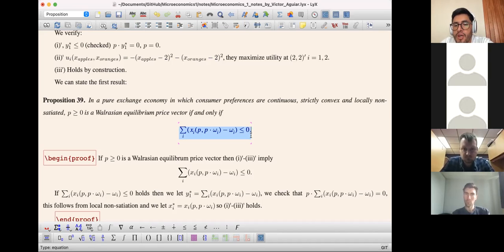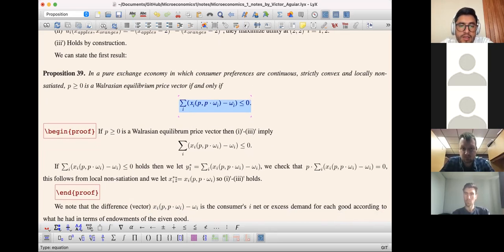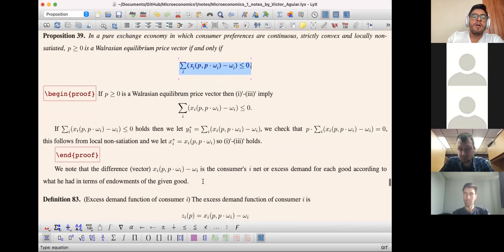And then we have to check that the multiplication of prices times this quantity that I define is equal to 0, because profit maximization here happens at 0. So prices times the y1 star production plan is equal to 0. This follows from local non-satiation, and then we just let xi star be equal to the demand evaluated at this price. So 1, 2, 3 hold, okay?